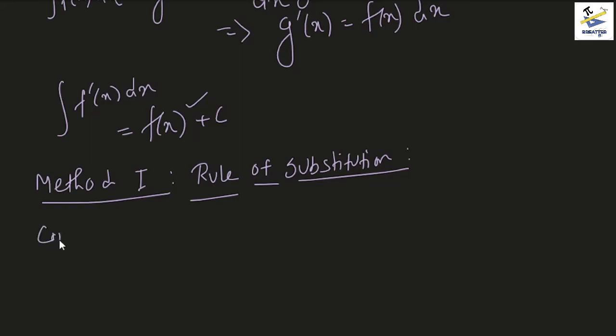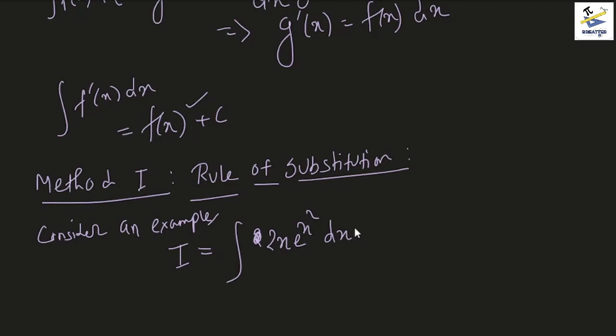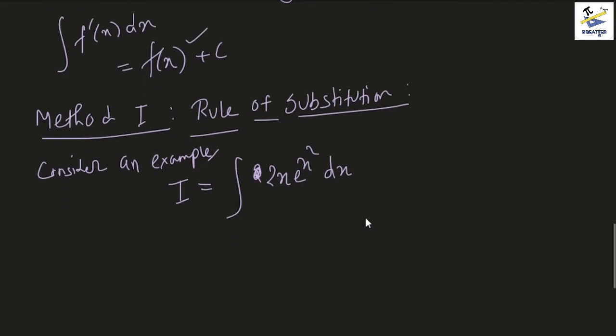So consider an example. Let us say we are trying to evaluate the integral I equals the integral of 2x e to the power x squared dx. Now this is not a part of any of the elementary functions that you have seen, but it's rather a composition of two.